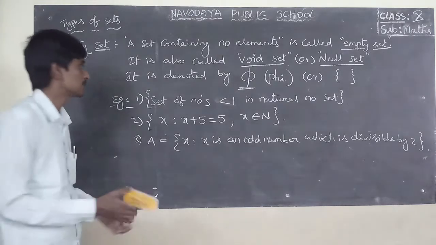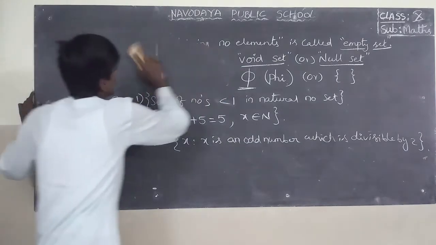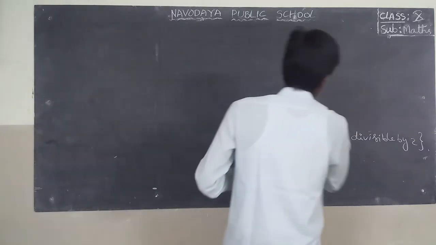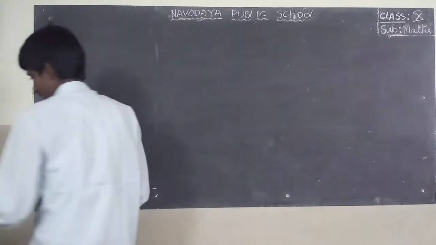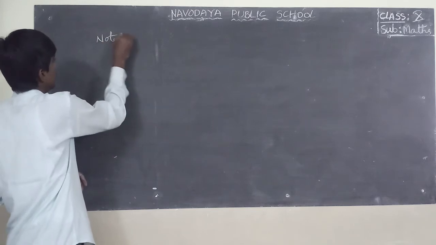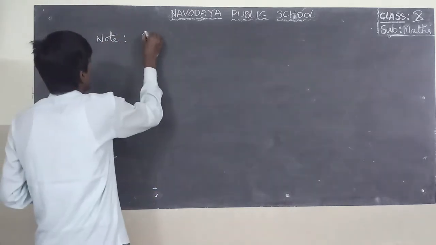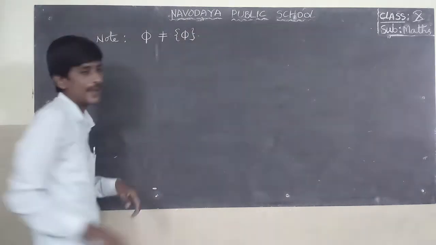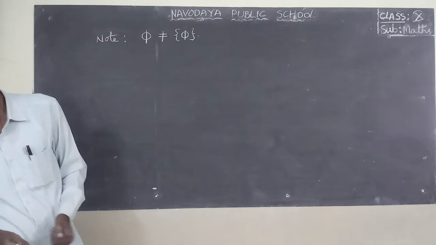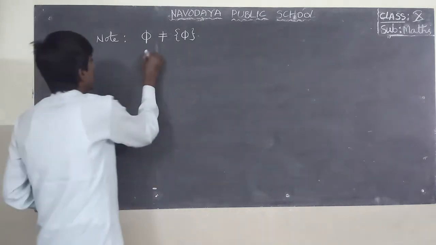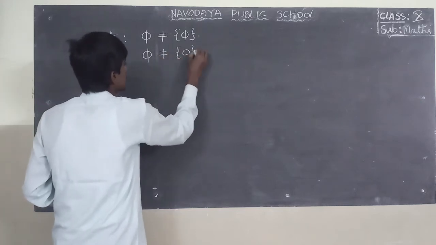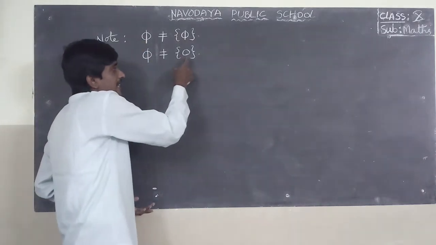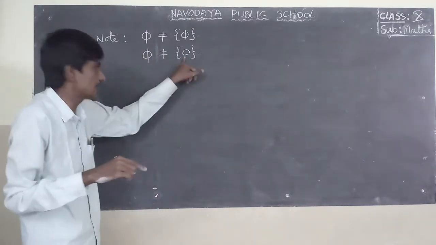Okay, the next one is a note. Phi is not equal to 0, because phi means empty set, a set containing no element. Here, the set containing 0 has one element, that is 0.